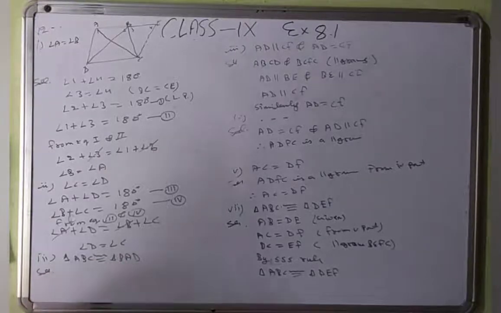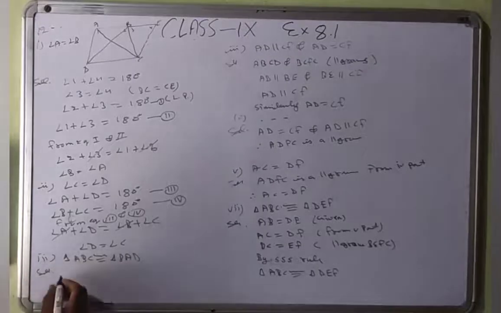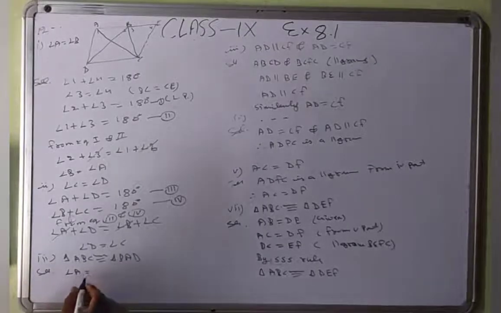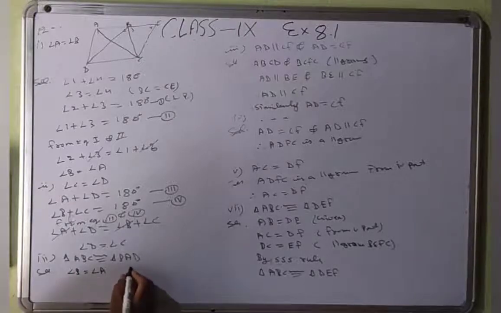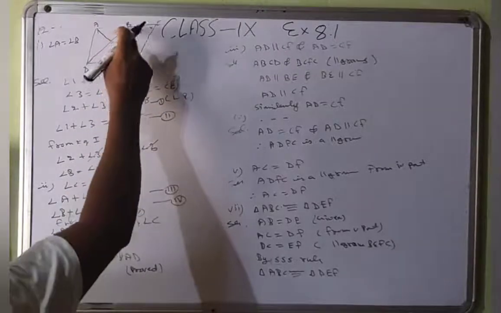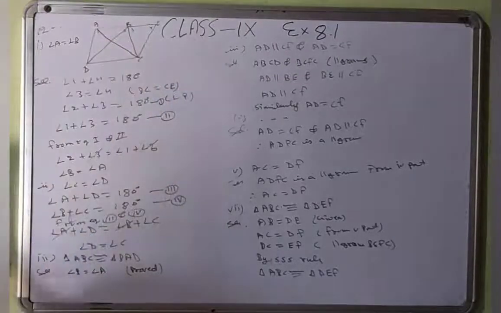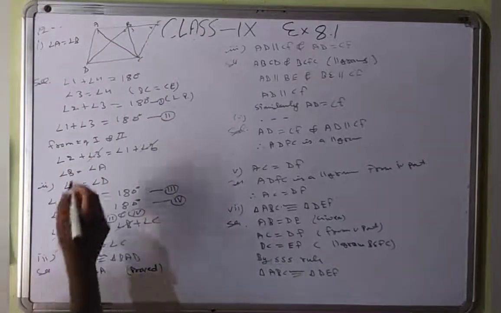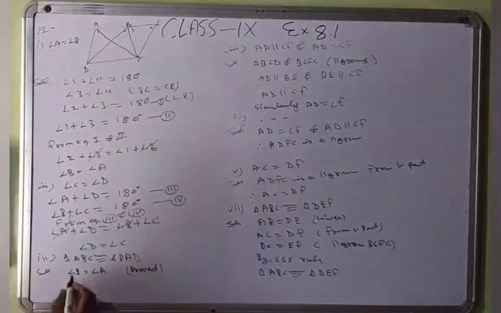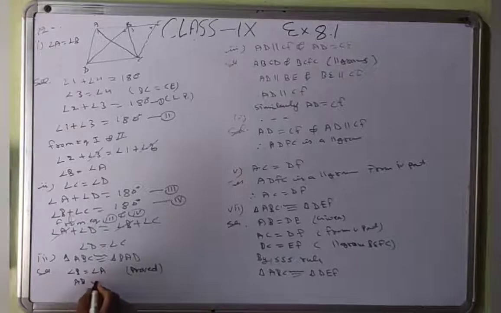Solution: angle A is equal to angle B, we have already proved that. And AB is common for both triangles.